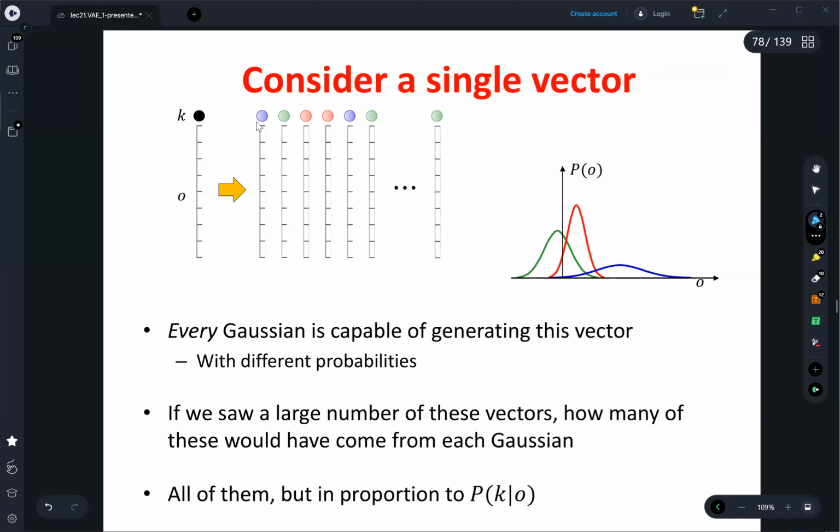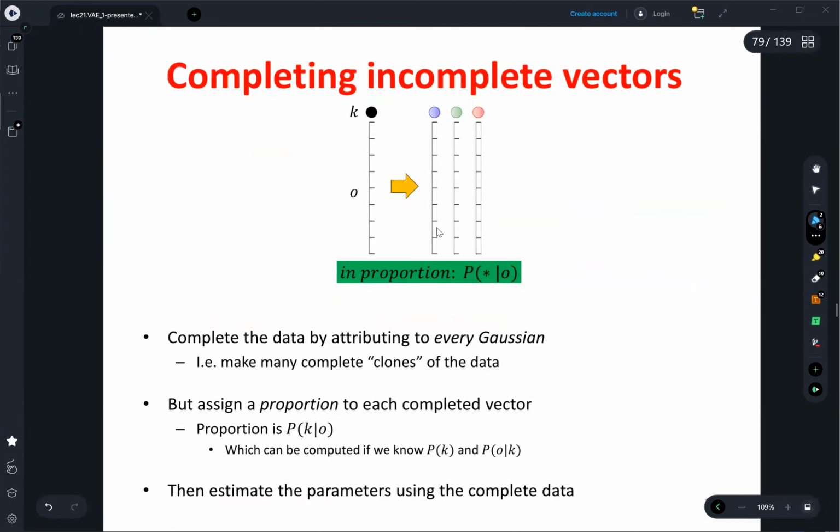So for example, the fraction of these copies that I'm going to assign to the blue Gaussian is going to be proportional to the posterior probability of the blue Gaussian, given that X. The fraction that I assign to the green is going to be proportional to the posterior of the green Gaussian, given that X, and so on, right? And now every data vector has been completed, except now I have many copies of it. And every copy has a definitive assignment to a Gaussian, right?